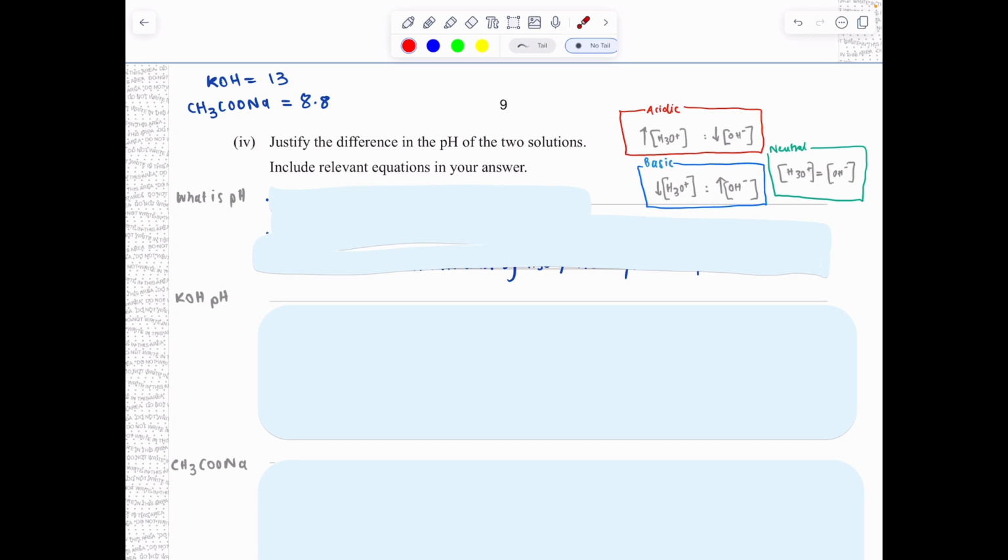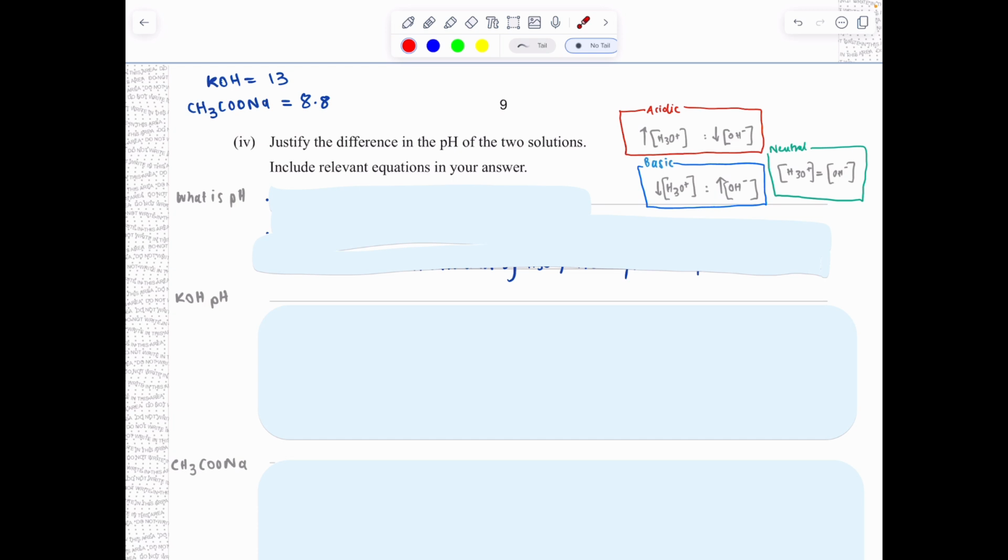So in this instance, both of the molecules that we're dealing with are basic. So how are we going to distinguish between both of them? Well, as I mentioned before, KOH is strongly basic because of the pH 13, whereas sodium ethanoate is just mildly basic or weakly basic.